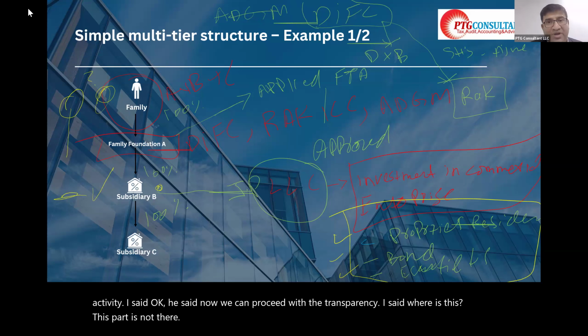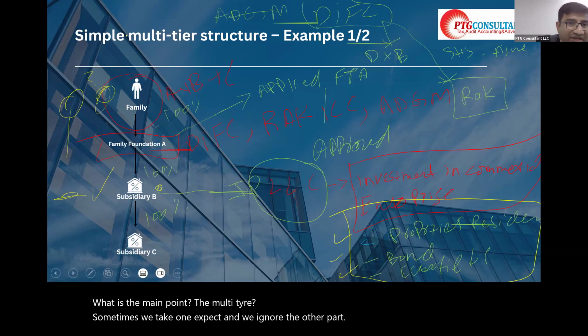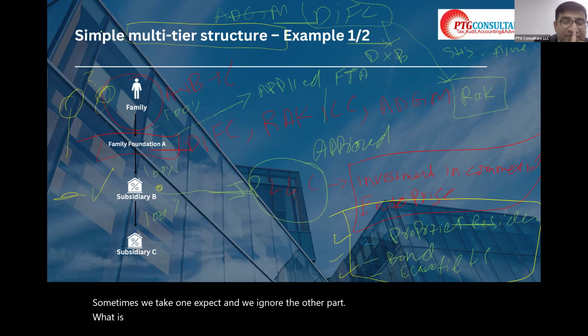What is the main point? The multi-tier structure. Sometimes we take one aspect and we ignore the other part. What is that? The multi-tier structure. We are coming from the family foundation.